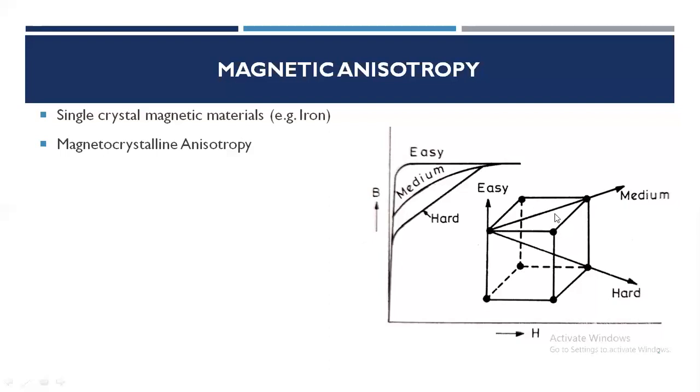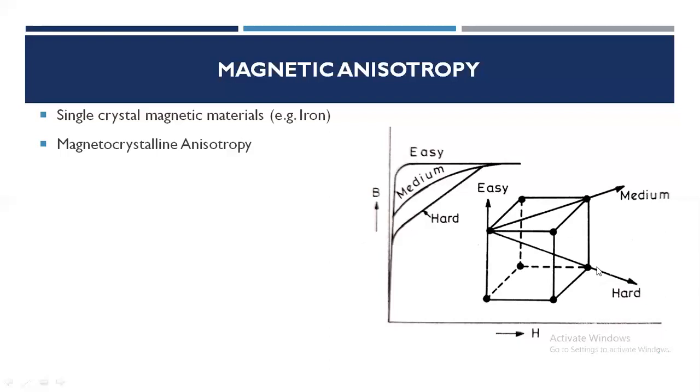From this corner to this corner, this direction can also be a medium magnetization direction. The hard magnetizing direction has the most distance between the two edges. So from this edge to this edge, with the greatest distance, is the hard magnetizing direction.